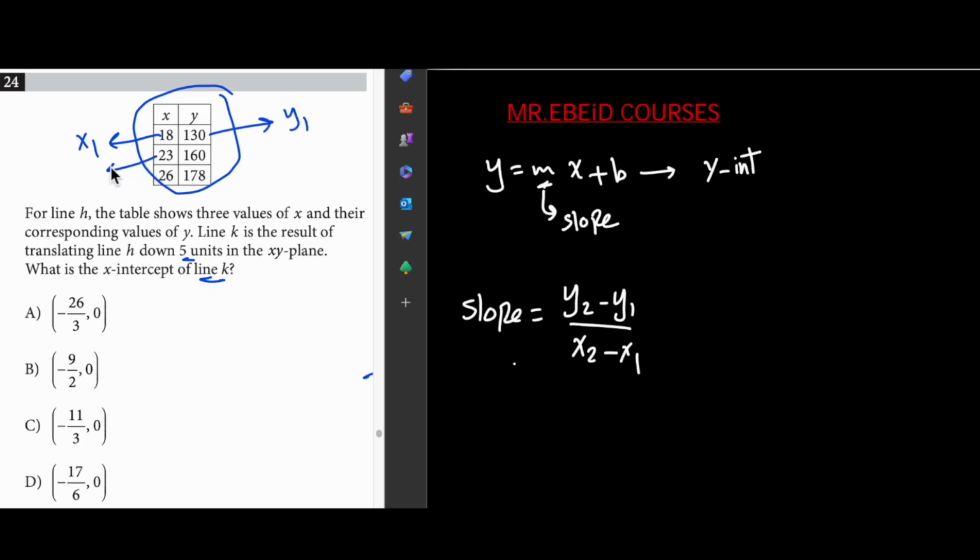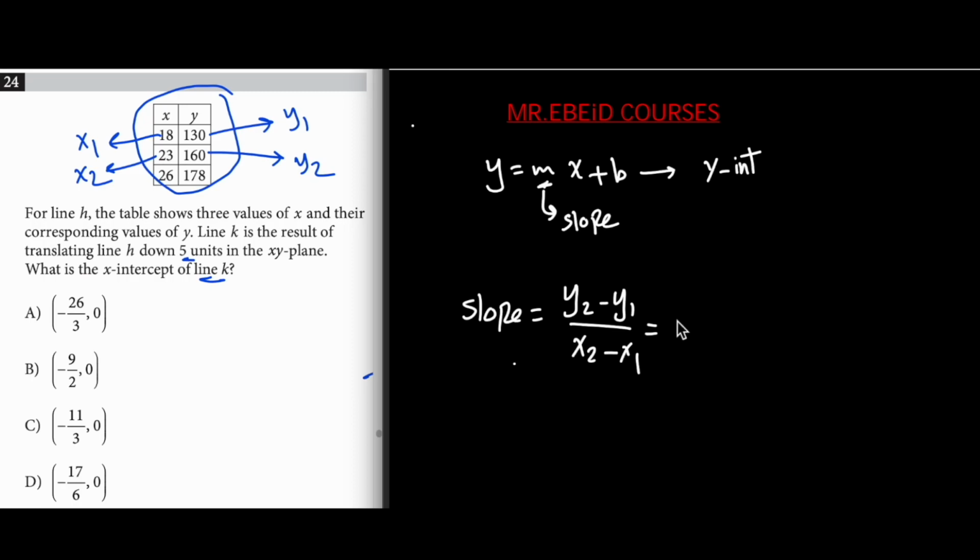This is x2 and 160, this is y2. So the slope will be 160 minus 130 over 23 minus 18.